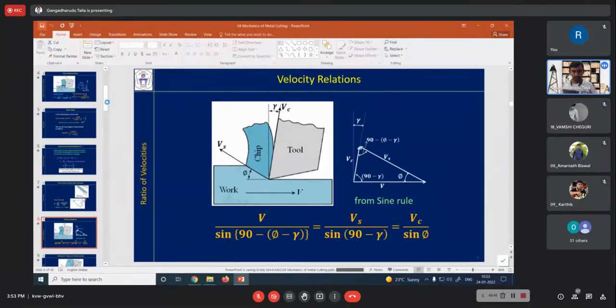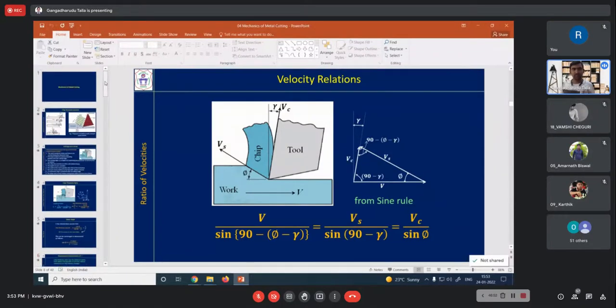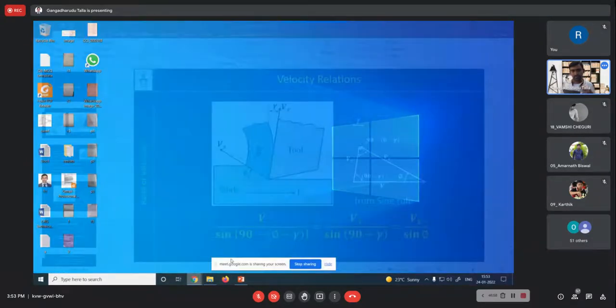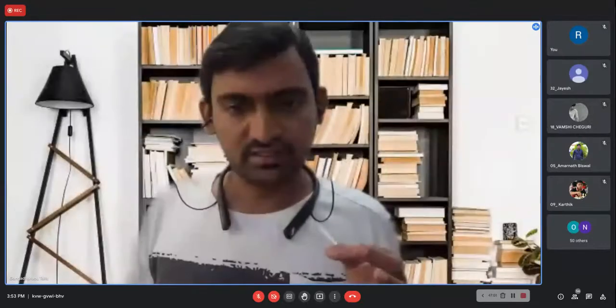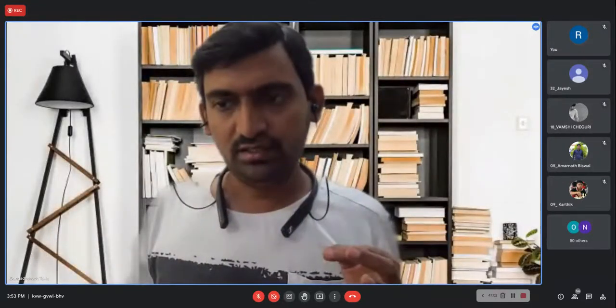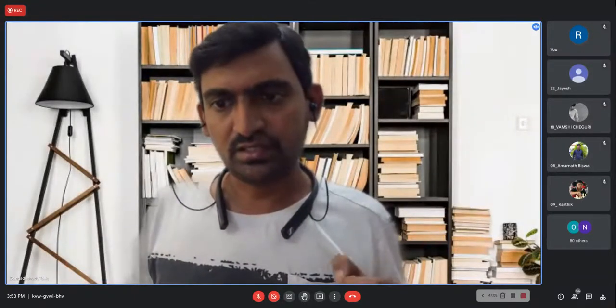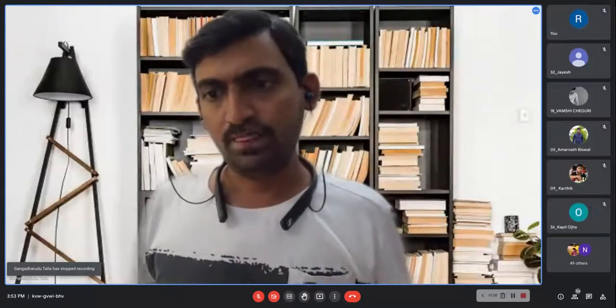So whatever is shown here, all the mechanism and mechanics, they are very, very important in terms of your academics also. That means if you are writing any competitive exam, definitely a few questions may be asked, and in your interviews also.